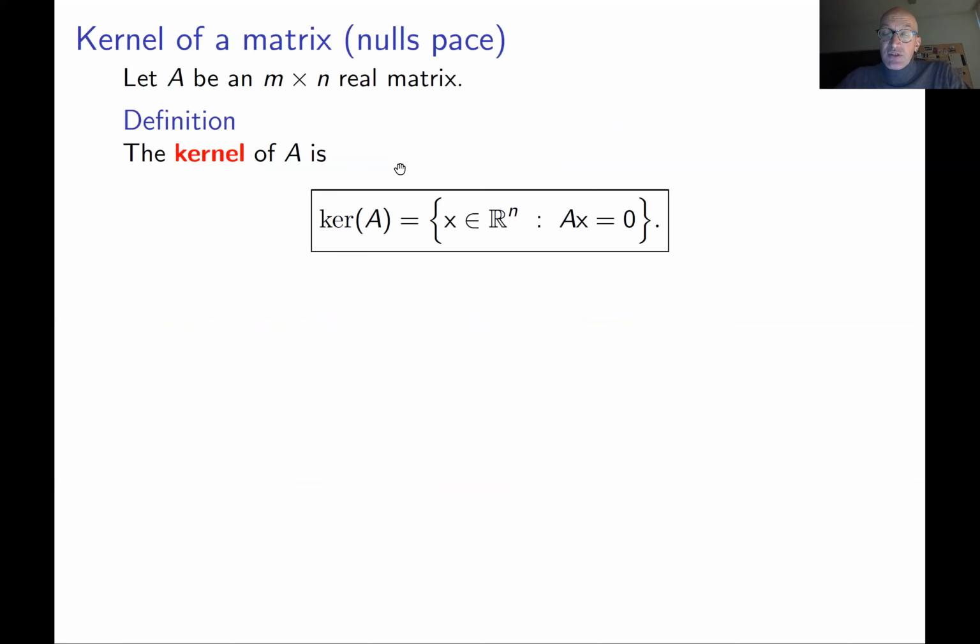Let me remind you from the previous lecture that if you have an M times N matrix and a vector in n-dimensional space, you can multiply your matrix A by this vector to get a vector in m-dimensional space.